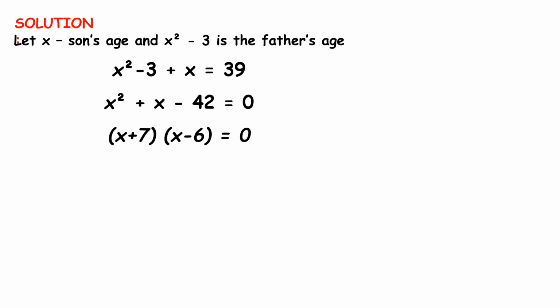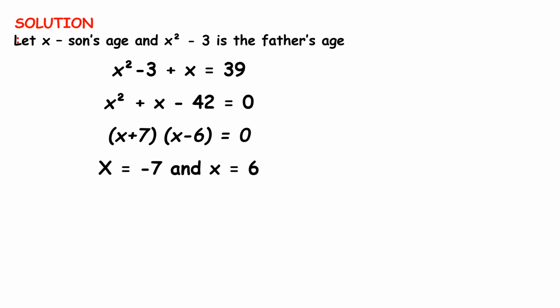After that, you just factor your trinomial here, x squared plus x minus 42. You think of the factors which will give you negative 42, and if I add them, the sum is 1, the coefficient of x. So the factors are quantity x plus 7 and quantity x minus 6 is equal to 0.